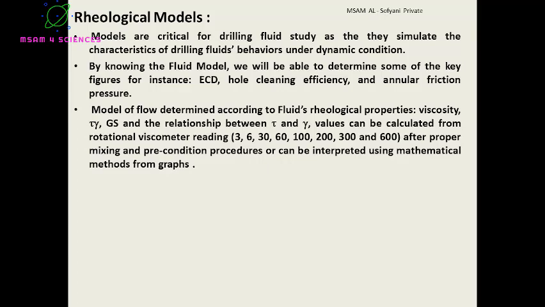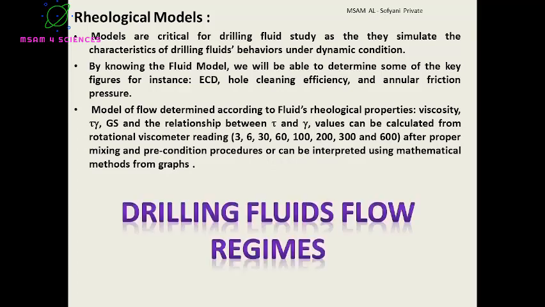We can get all of this from a mathematical calculation from the lab curve or from the readings of a rotational viscometer after preconditioning the fluids. From 3 to 600 rpm, these 8 different readings will be required in order to determine the values of parameters that need to be understood to define the appropriate rheological model.